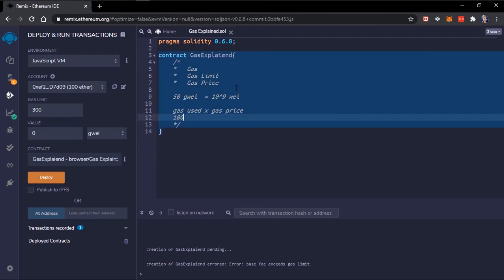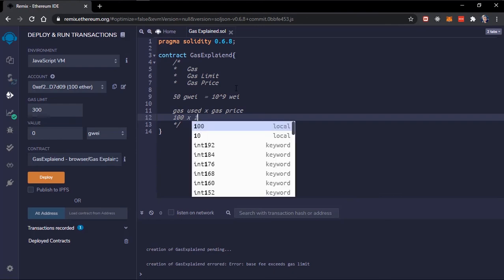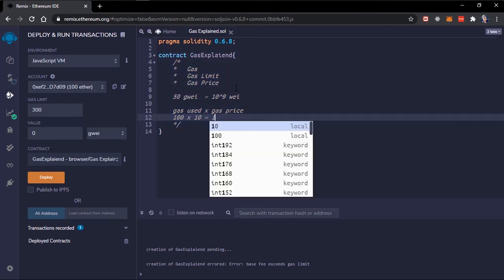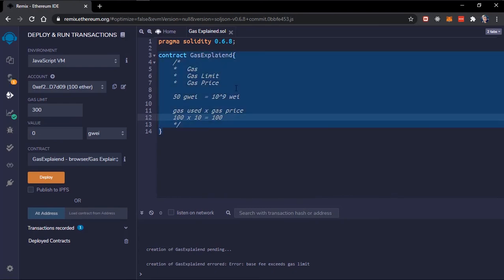The gas used will be 100 times the price which we specified, and we said we are paying 10 gwei for each gas. This should equal 1000 gwei, right? We'll convert this 1000 gwei to Ether to see how much it will charge us.